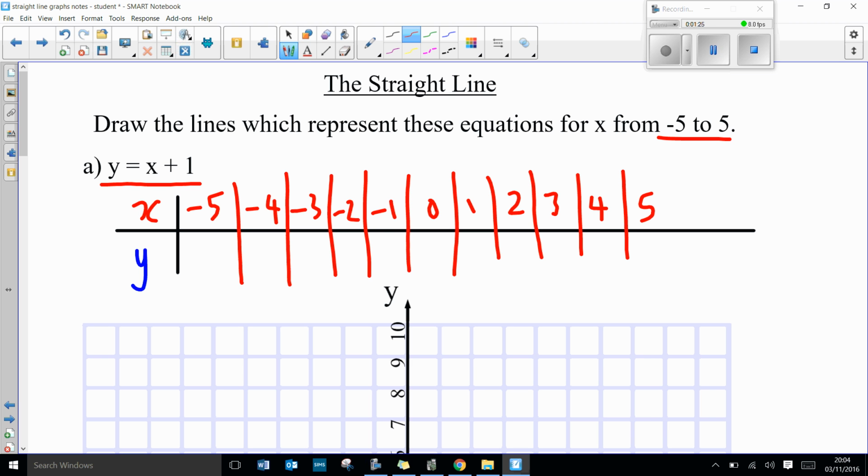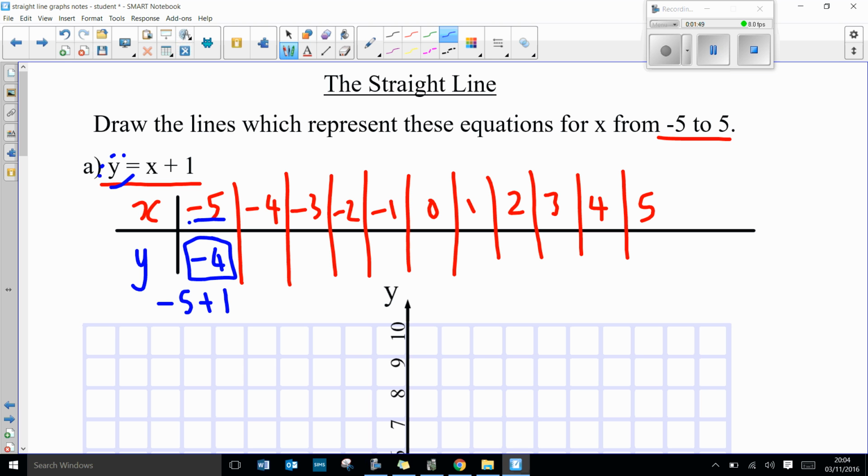Well, it says here the rule is y is equal to x plus 1. That means that in this box here, my value of x is -5, so my value of y would be -5 plus 1, and that gives me -4.